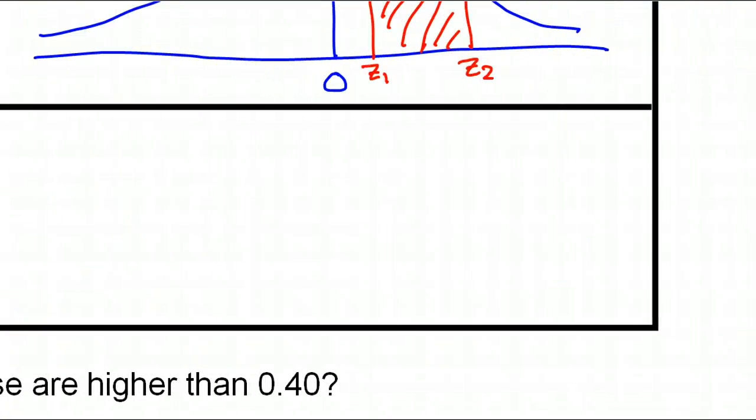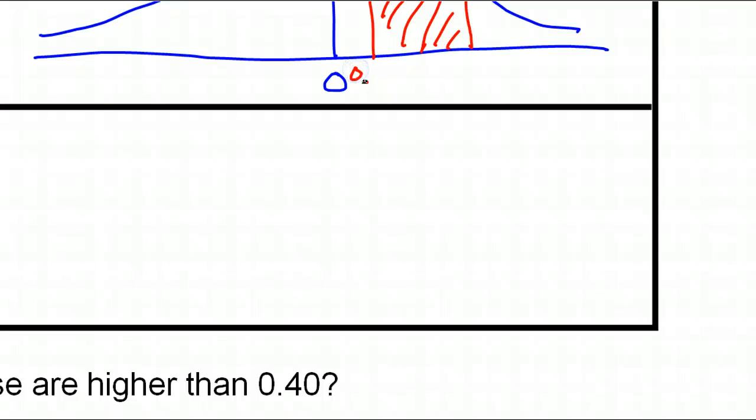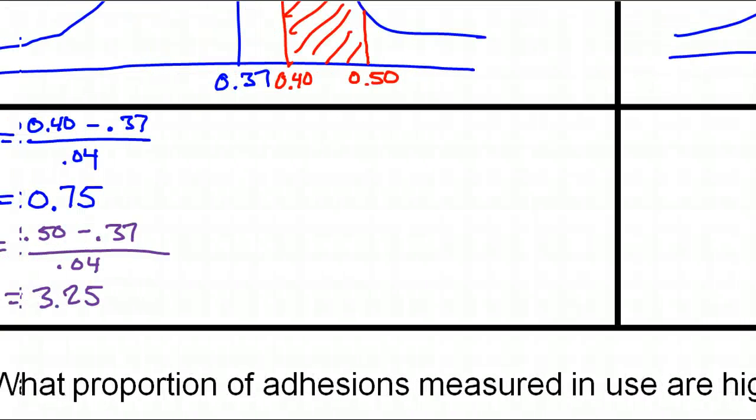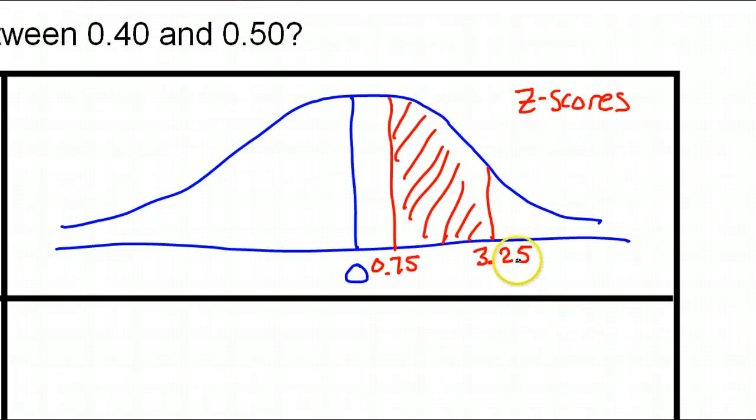So z1 is 0.75, and z2 was 3.25. Please remember that this means this value is a little less than 1 standard deviation above the mean, while this value is a little more than 3 standard deviations above the mean.